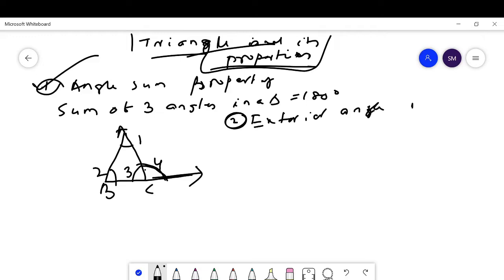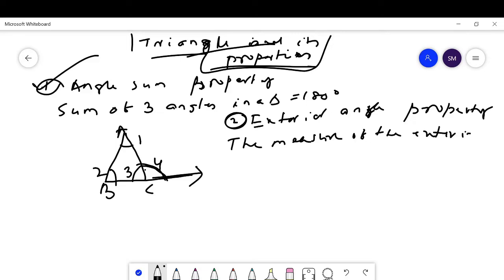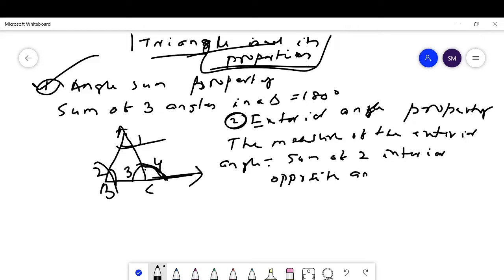The exterior angle property says the measure of the exterior angle is equal to the sum of the two interior opposite angles.